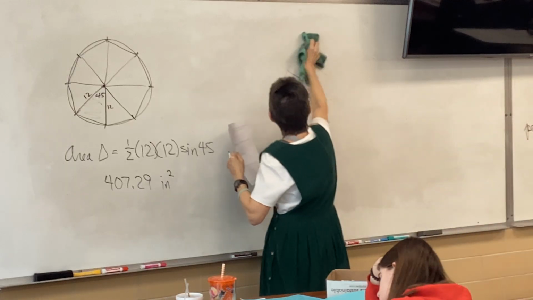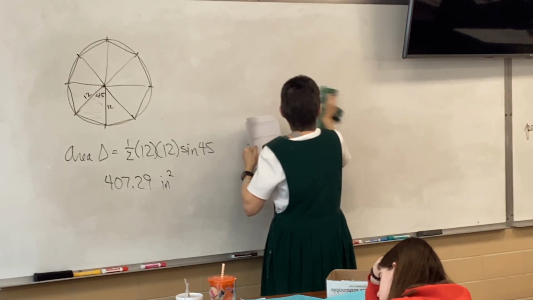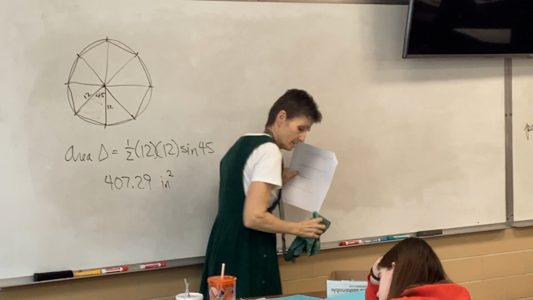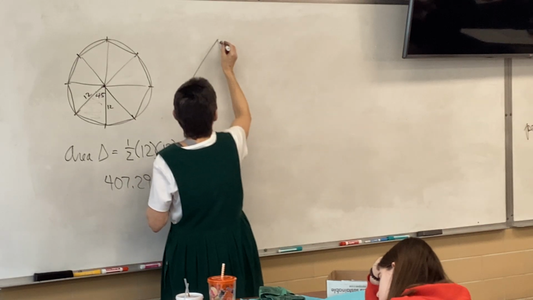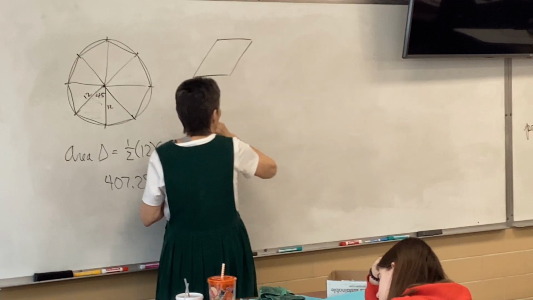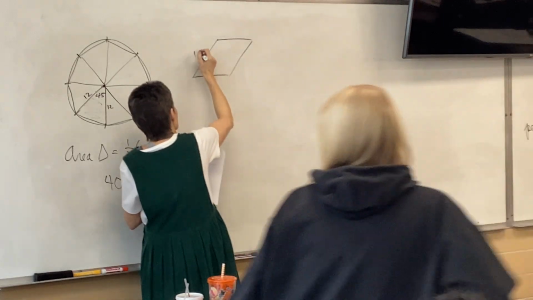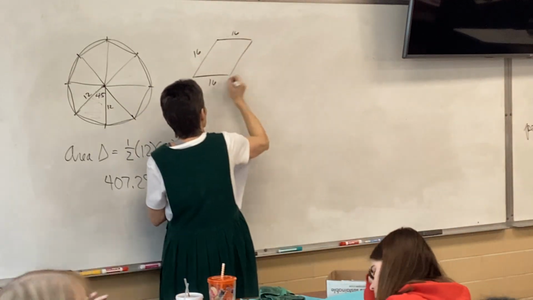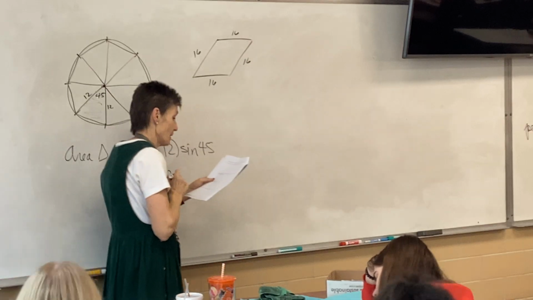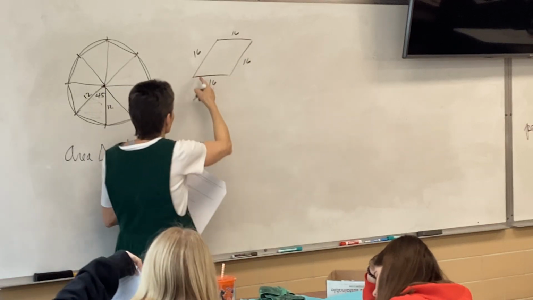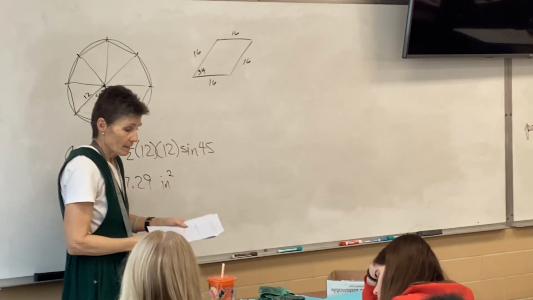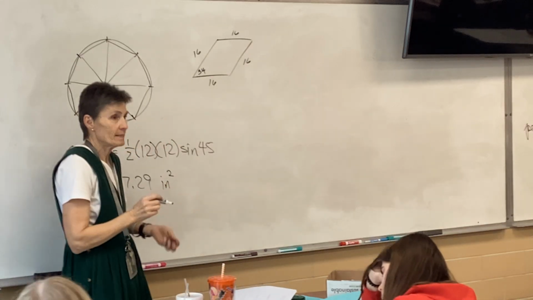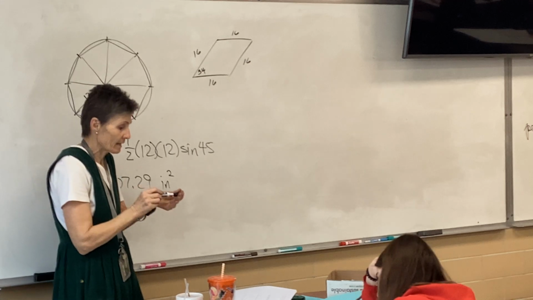So remember, a rhombus is like a tilted square. So there's my rhombus. The sides are 16. The smaller angle is 34. And I want to find the shorter diagonal.